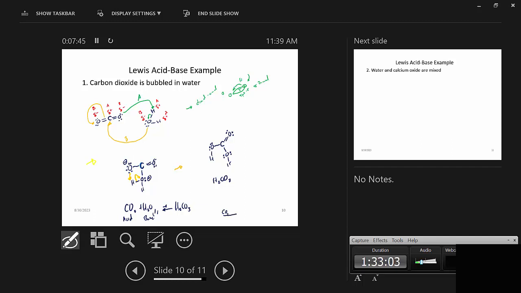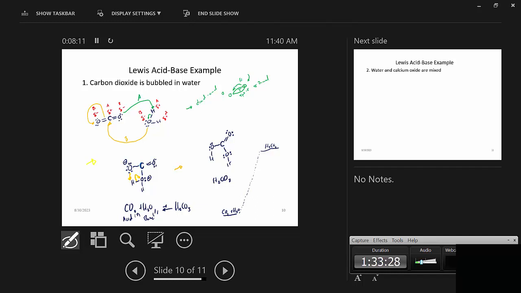And so CO2 and water is a much more favorable combination here. CO2 gas, H2O liquid. It's not favorable because carbonic acid is less stable.